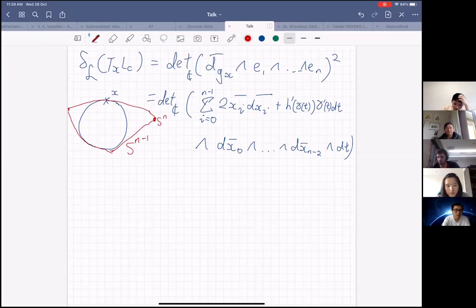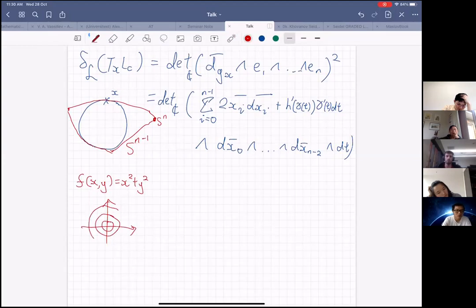Yeah. So what she is saying is that dgx is going up. For example, if you look at this formula here, x squared plus y squared. If you look at the zero set of this, it's like an increasing circle.